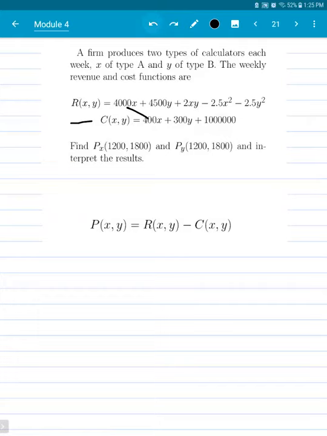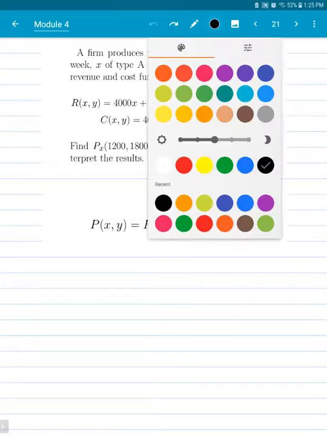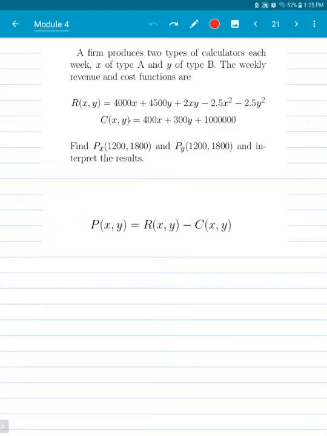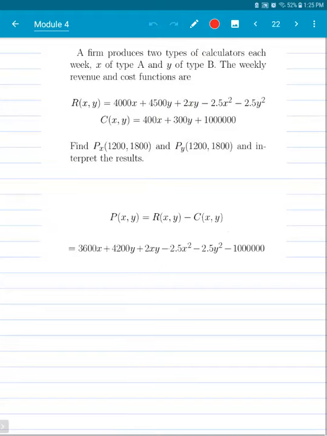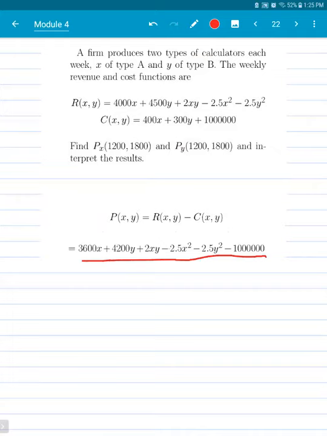Everything becomes negative. So if we subtract, then we get this one: 3,600x plus 4,200y plus 2xy minus 2.5x squared minus 2.5y squared minus 1 million. So revenue minus cost. It's just algebra.